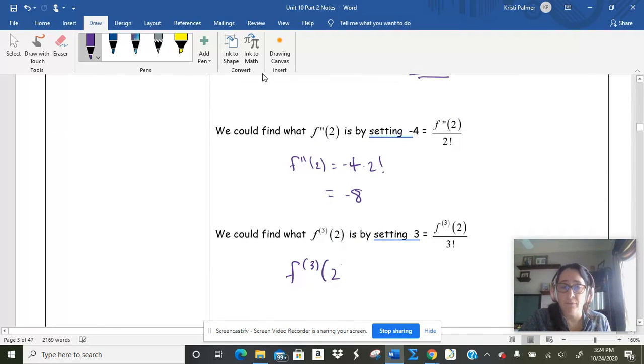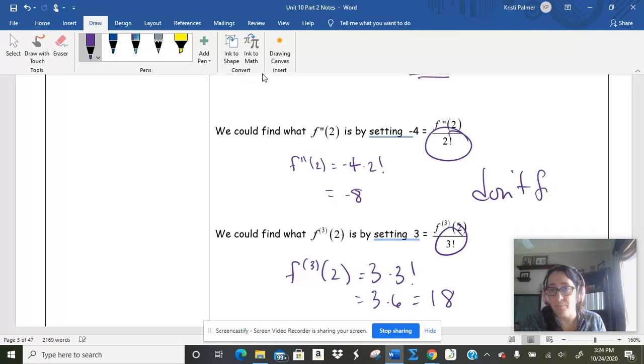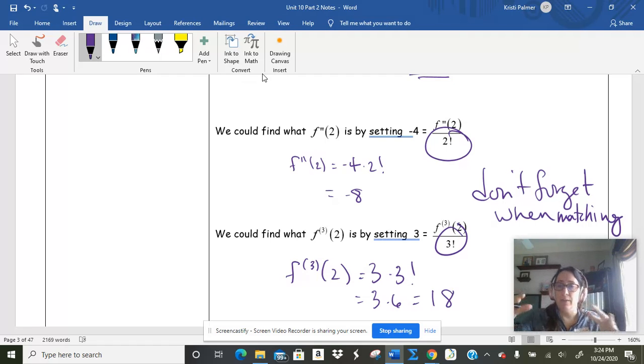The third derivative of 2 had to have been 3 times 3 factorial, which is 3 times 6, and that is 18. So don't forget factorials when you are matching. When you have a problem like this, again, I'm going to say this is a matching problem. Don't forget factorials. That's what I'm referring to in this section right here.